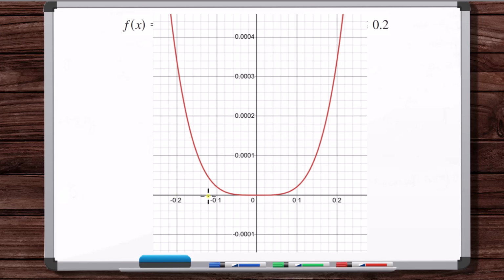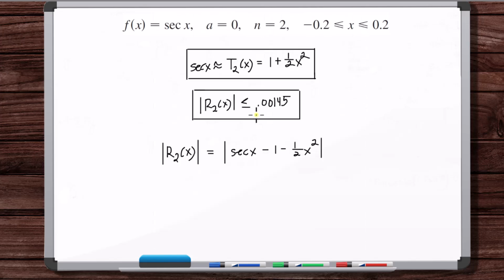And you can see I zoomed in on minus 0.2 to 0.2, so the endpoints are the worst case scenario, and both are about the same, and that's about, so 1, 2, 3, 4, 5, each tick is 0.00002, so this is maybe 0.00034 or 35, and Taylor's inequality gave us 0.00145.